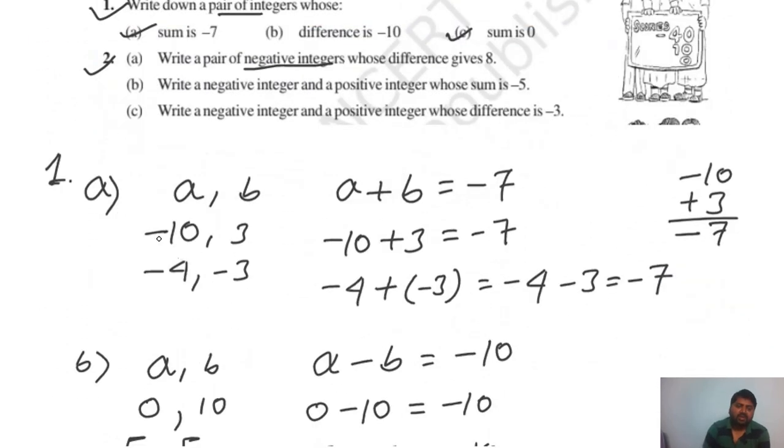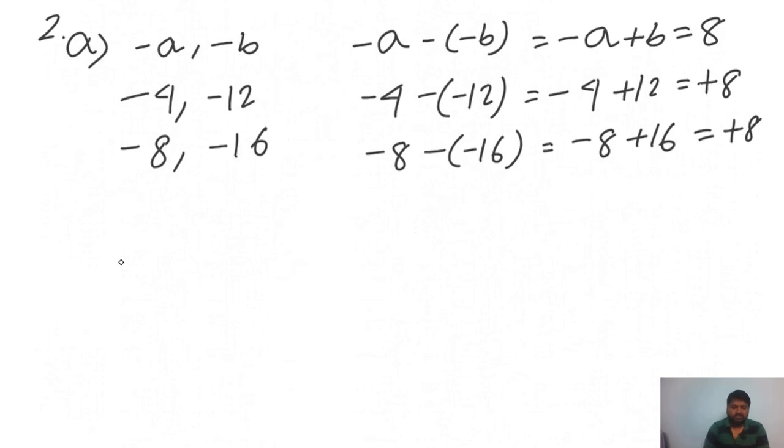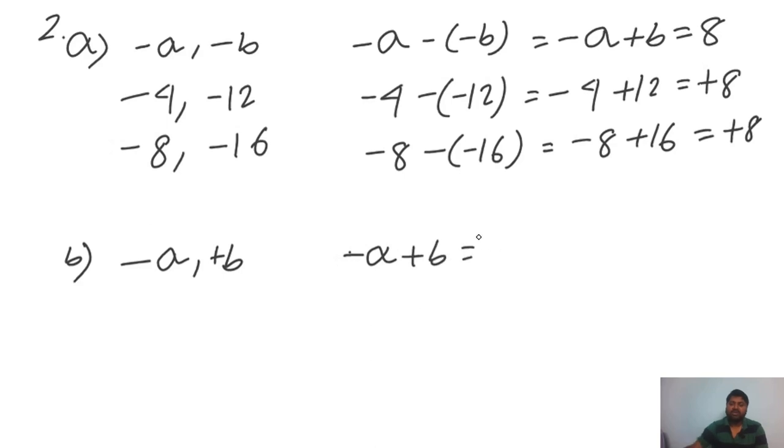Again, in 2b, write a negative number and a positive number whose sum is minus 5. A negative number and a positive number, minus a plus b, whose sum is minus 5.